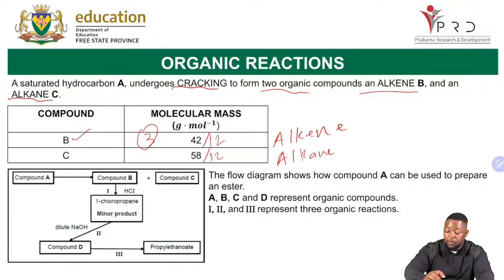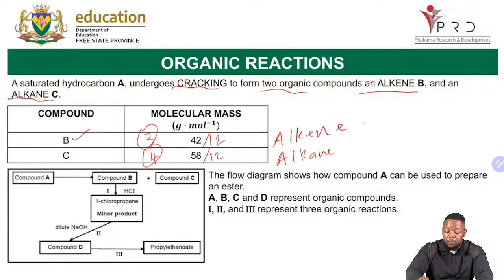That is an approximate number. If we take 58, divide by 12, we approximate the number of carbons here to be 4. So we approximate number of carbons in B to be 3, number of carbons in C to be 4.